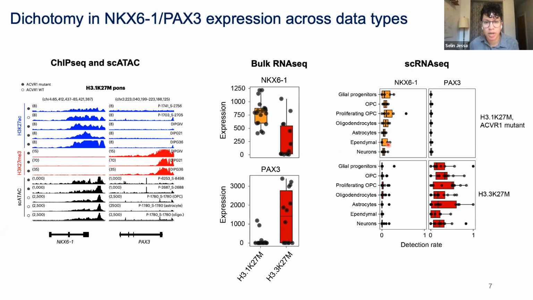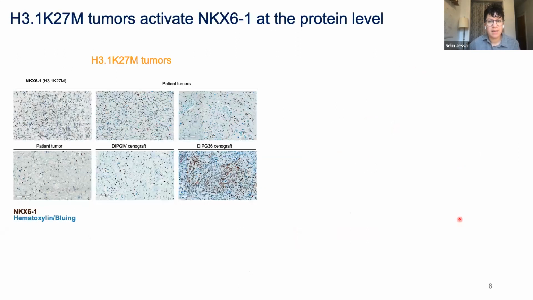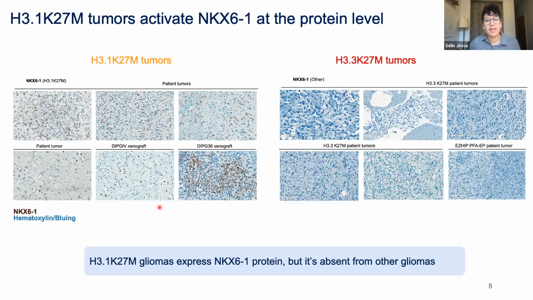NKX6.1 was mainly detected in H3.1 tumors and PAX3 in H3.3. We also confirmed this at the protein level. By immunohistochemistry, H3.1 tumors activated NKX6.1 protein, both in patient tumors, but also in xenografts derived from patient-derived cell lines. In contrast, we didn't see NKX6.1 protein in H3.3 K27M gliomas or other gliomas that we looked at.